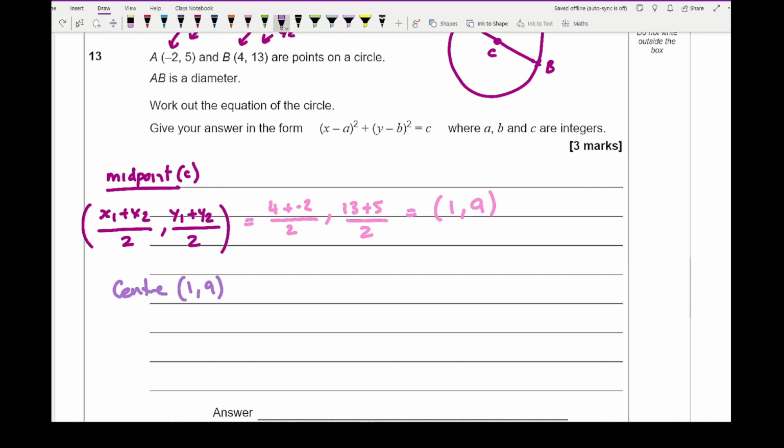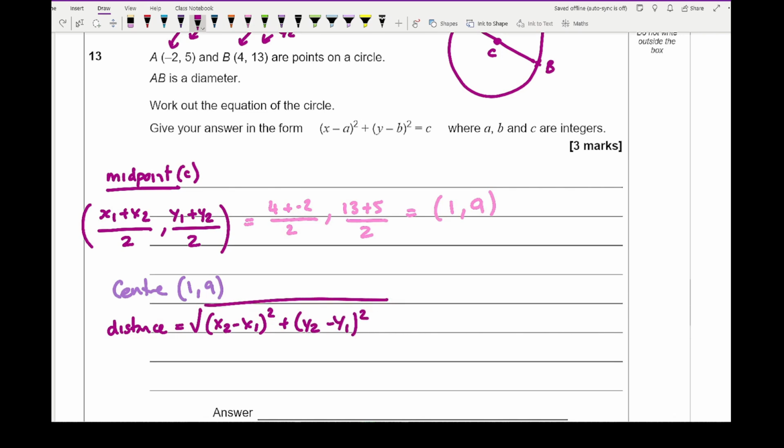I then need to work out the distance of AB. So looking at the distance, I use this formula here. Let me just write down the formula. The distance is equal to the square root of (x2 minus x1) squared plus (y2 minus y1) squared.